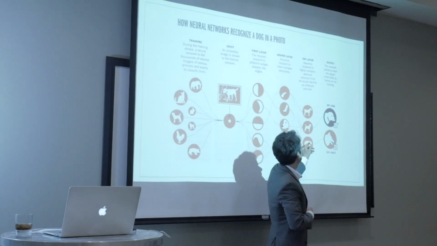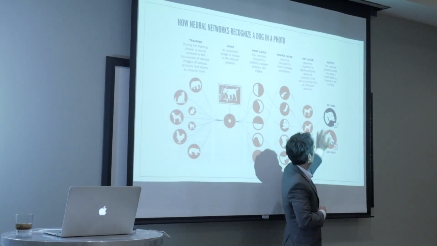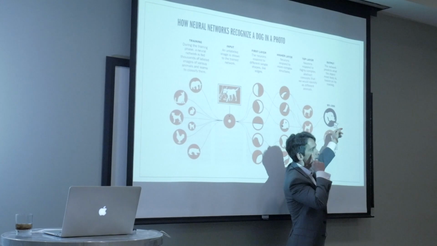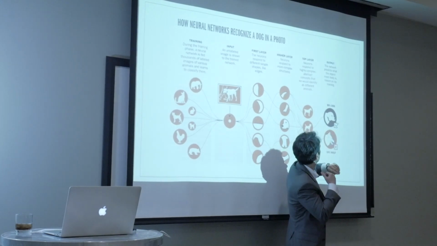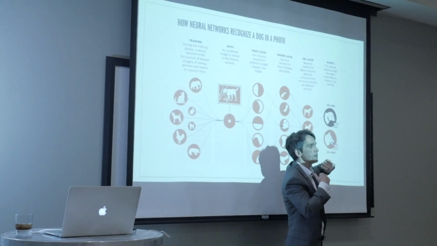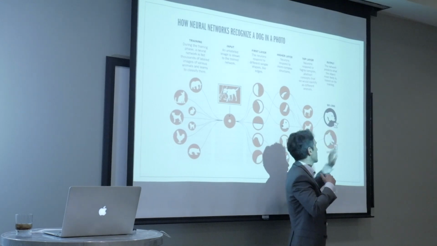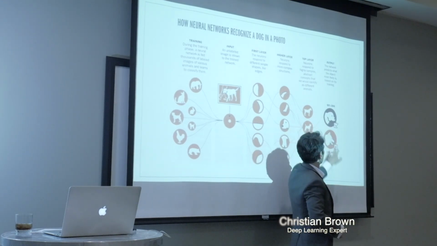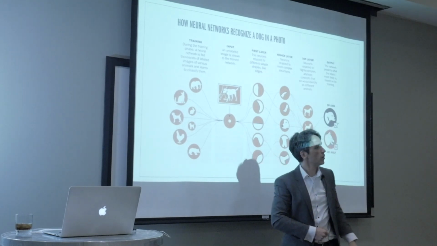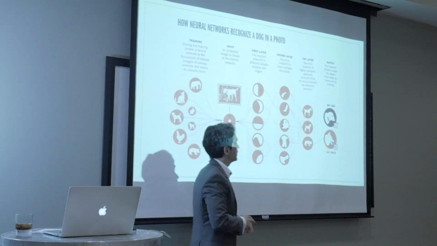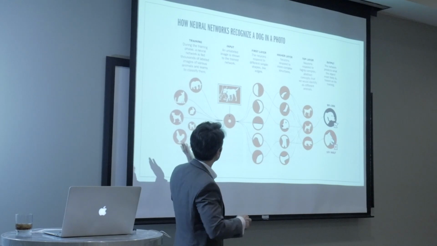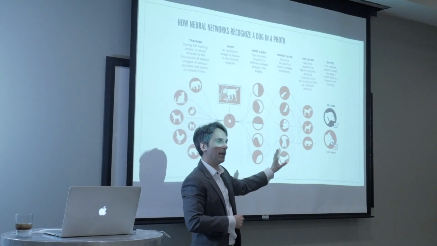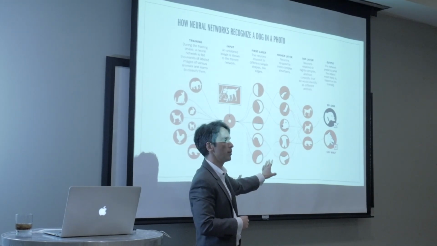And then in the output layer, it will tell you, for example, there's a 90% probability that this picture is a dog, and maybe 10% wolf. And then you decide, okay, 90% versus 10%, we'll go with dog as opposed to wolf. So this is a little bit how image recognition works with deep learning.